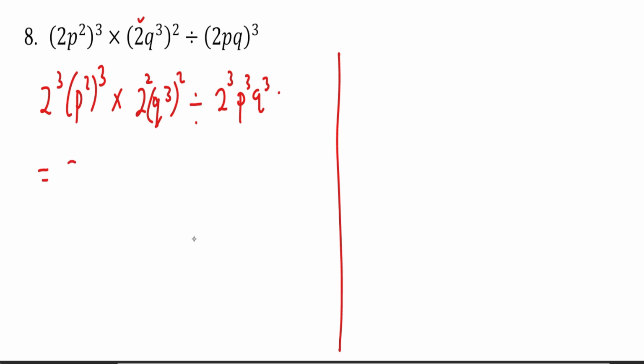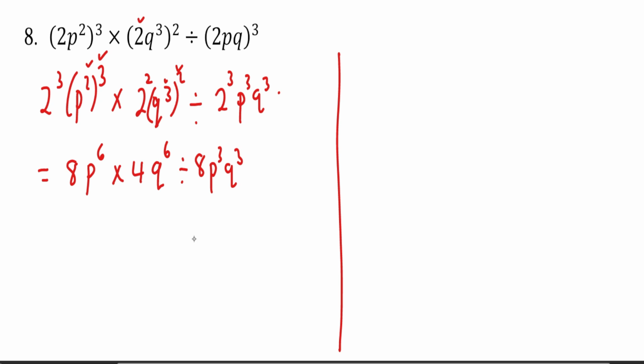So 2 cubed is 8, and p, obviously you have 2 powers. 2 times 3 gives you p to the power 6, and then you have 2 squared, which is 4, and 3 times 2 gives you q to the power of 6. 2 cubed is supposed to be 8, p cubed, and q cubed.